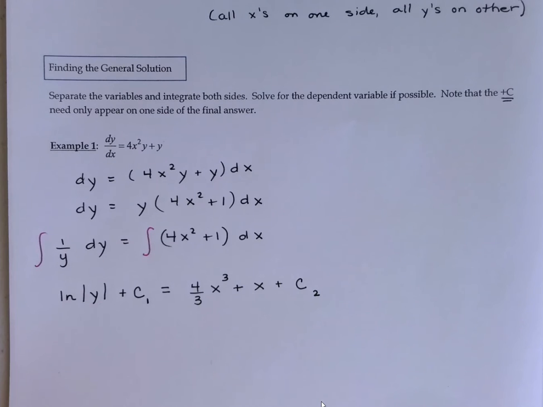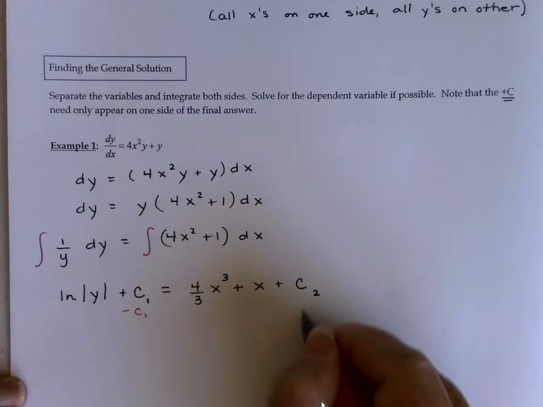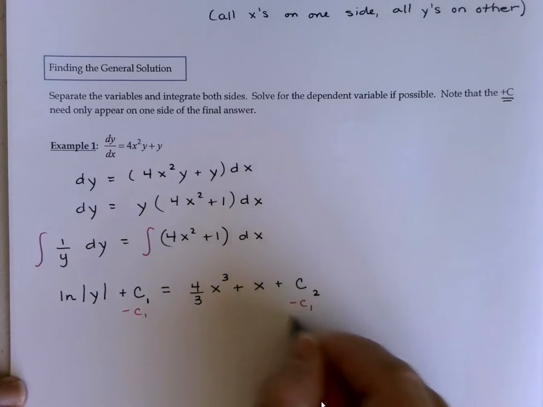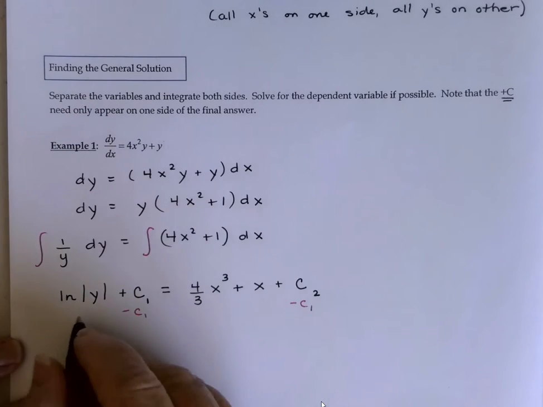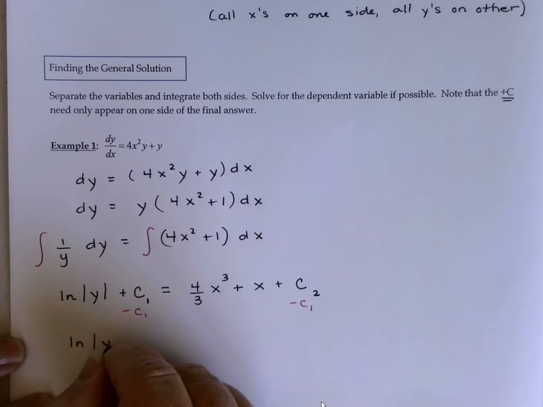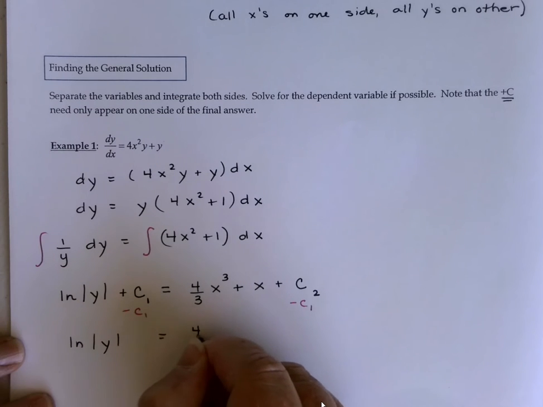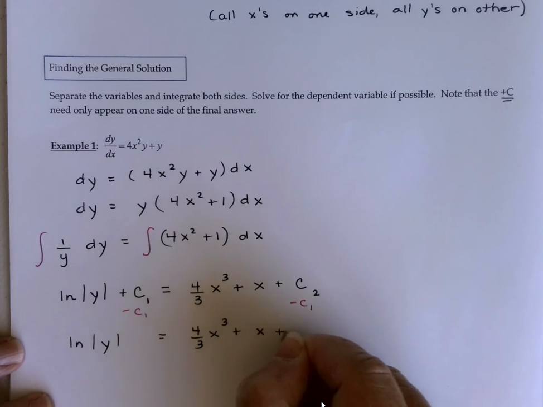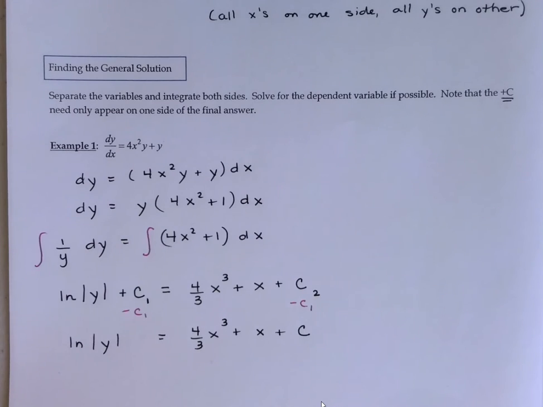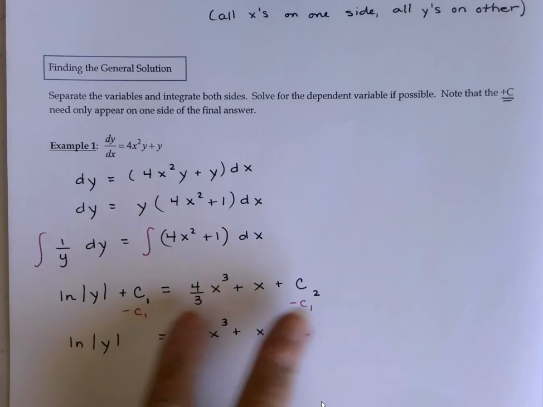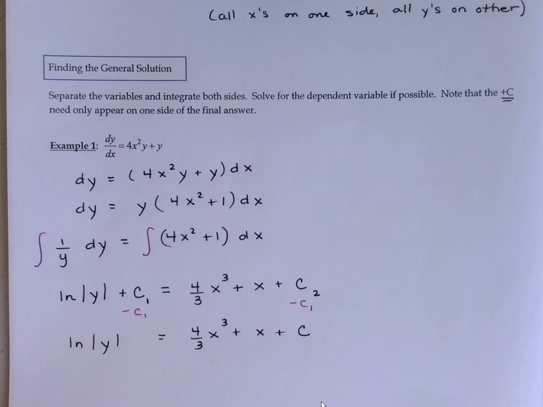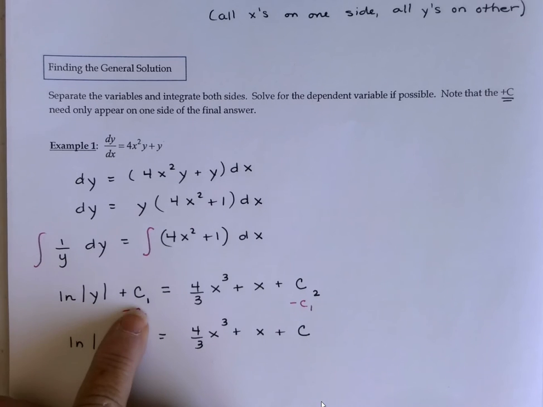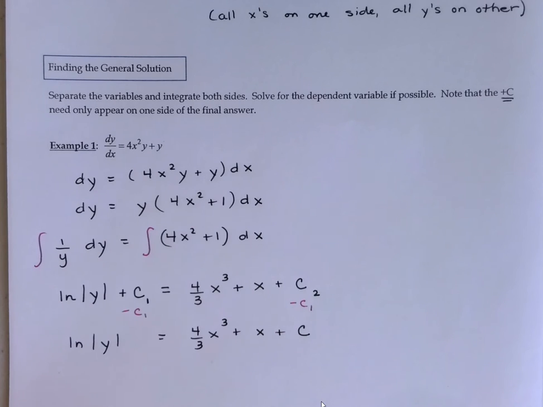And then usually what we do is we imagine taking the C1 and subtracting it from the C2 to get a whole new constant over here on the right-hand side. I'm just going to call this one general C. Because this can be done in every single problem, typically I won't even bother writing the plus c over on the left. I'll just throw it on the right with the understanding that I've combined them.